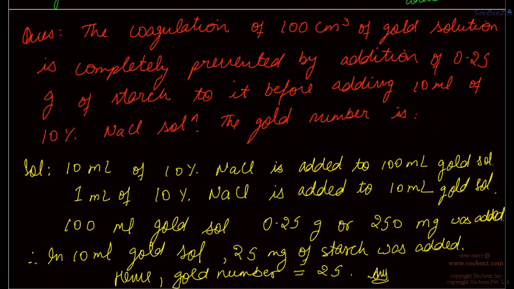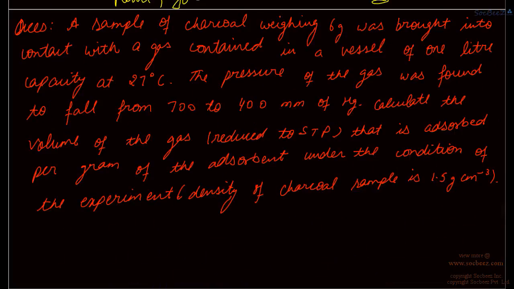Okay, so let's come to another question. A sample of charcoal weighing 6 grams was brought into contact with a gas contained in a vessel of 1 liter capacity at 27 degrees Celsius. The pressure of the gas was found to fall from 700 to 400 millimeter of Hg. Calculate the volume of the gas that is adsorbed per gram of adsorbent under the condition of the experiment.